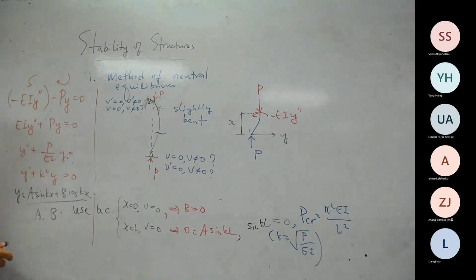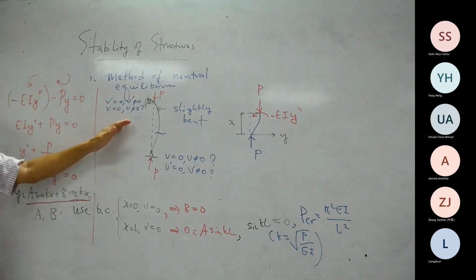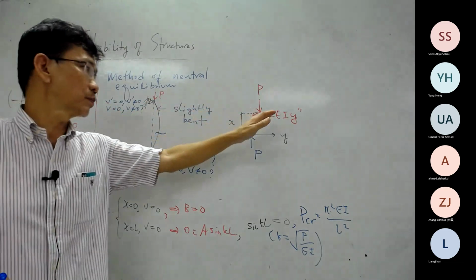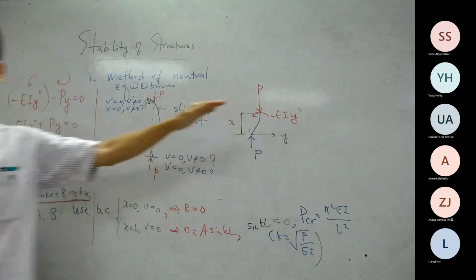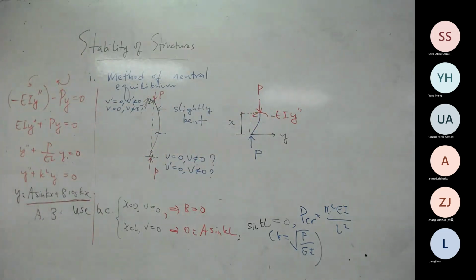When the right-hand side is zero, then it is easier. You have only this solution. So that is what I can brief you on this method of neutral equilibrium. If you are asked to use the method of neutral equilibrium, depending on the column given to you, you have to go through this process.